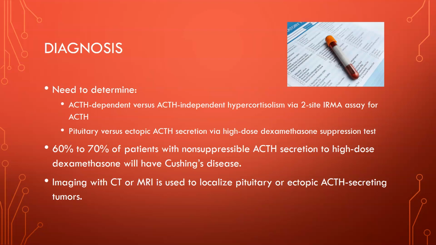So an ectopic ACTH could be a tumor that's producing, for example, ACTH, versus the pituitary actually producing it. 60 to 70% of patients with non-suppressible ACTH secretion to high-dose dexamethasone therapy will have Cushing's disease. So if you cannot suppress ACTH, then they have Cushing's. Imaging with CT or MRI is used to localize pituitary or ectopic ACTH secreting tumors.